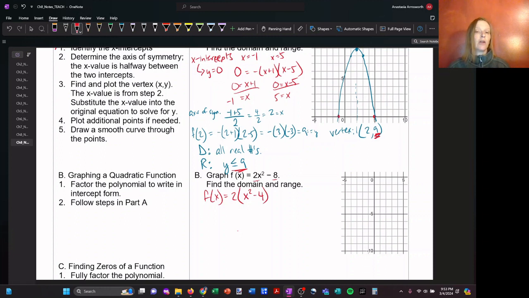And when I look at that polynomial, I see a special pattern. I see a special pattern because my first term here is a squared term, and my c term is a squared term, and I am subtracting those two values.